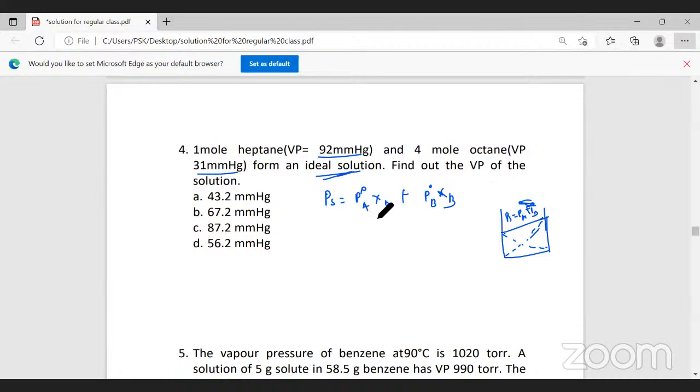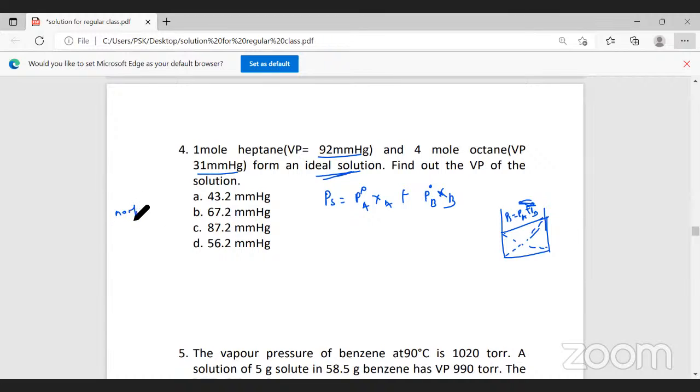PA is P naught of A into XA, and PB is P naught of B into XB. They've given P naught of A as 92 and P naught of B as 31. But what are XA and XB? They've not given them. We'll calculate XA and XB. Now they've given the number of moles of heptane.